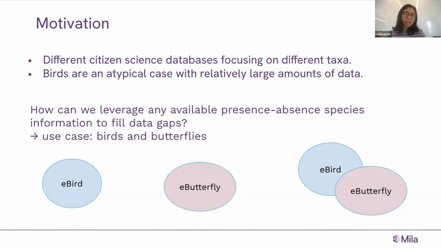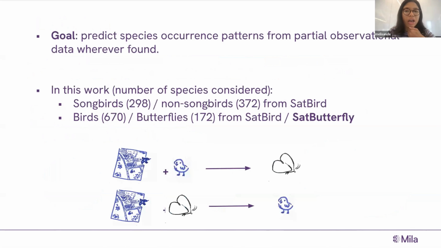But if you go to a specific location, in some cases you might just have eBird data, in some places you might just have eBirdified data, and in some places you might have both. So the idea here was, how do we actually use the information when we have both of them, to inject that in modeling the butterflies or the birds when we just have partial information. In this work, we looked at two tasks.